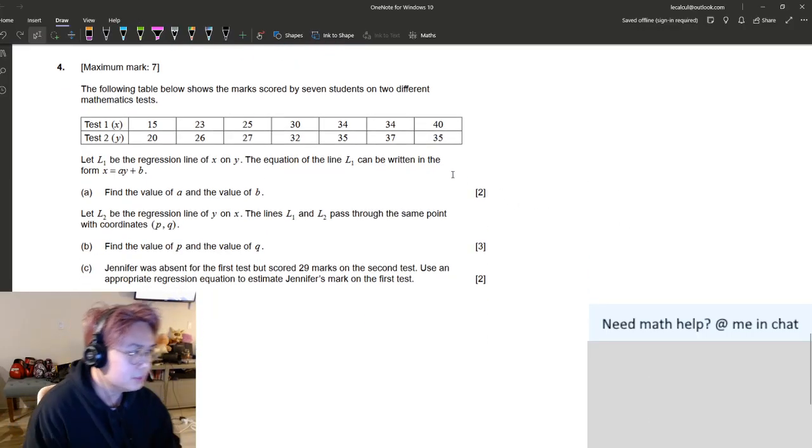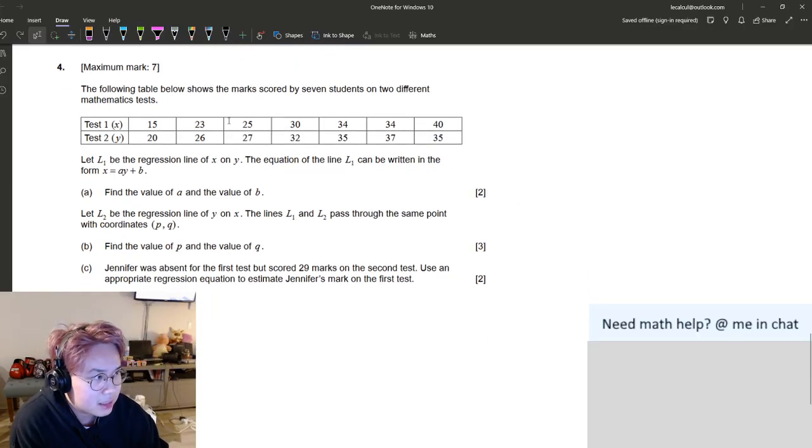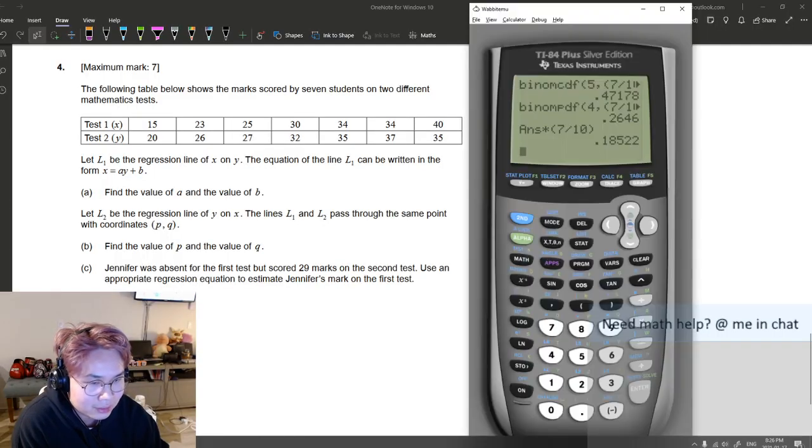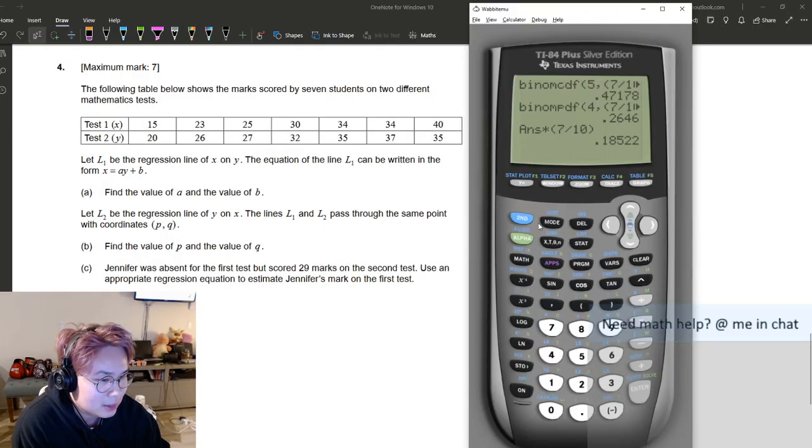Okay, we have a table of data of x's and y's, and then we need to make a regression. And the only tricky thing is we want a regression of x on y. Now typically it's the other way around, so just be a little careful when you're choosing your stuff. So you go into second and list, oops, quit.